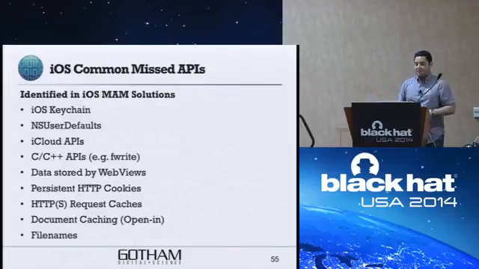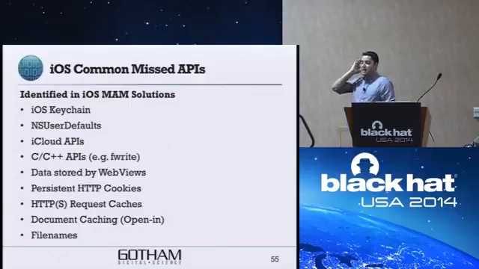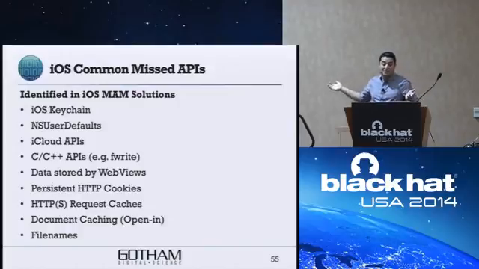So let's walk through some of the common APIs that we saw were missed. For iOS, we saw that keychain items typically weren't wrapped. Why, I'm not sure. Maybe they think the keychain is secure already, but if you're not relying on device-level policies and can't enforce a passcode on the device level, the keychain is not very secure.